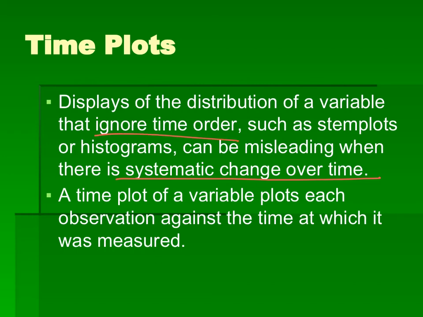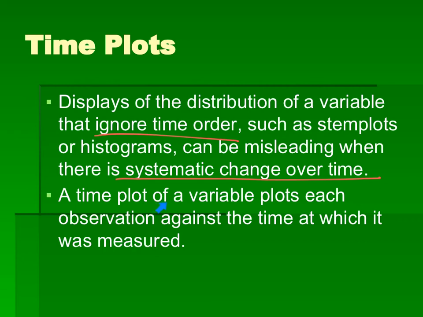For example, the ogive that we just looked at for the president's ages at inauguration, if we were to look at where their ages fell in the order in which they were inaugurated, I haven't actually made the graph, but we might see that presidents are getting younger at their age of inauguration, or we might see a period of time in which we were tending to elect older presidents than another period of time. That's what a time plot shows that any of the other graphs we've talked about do not.